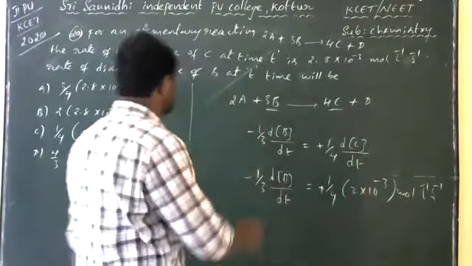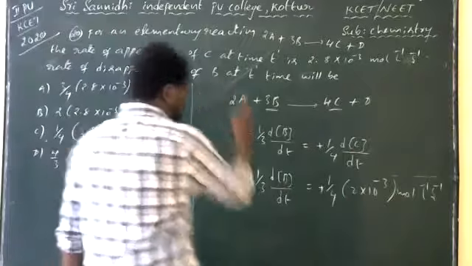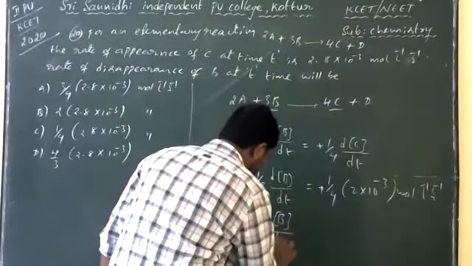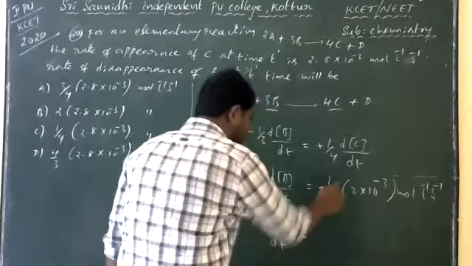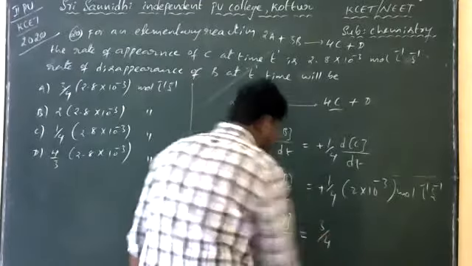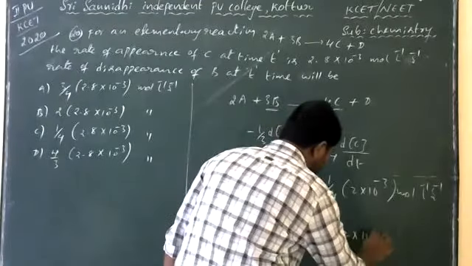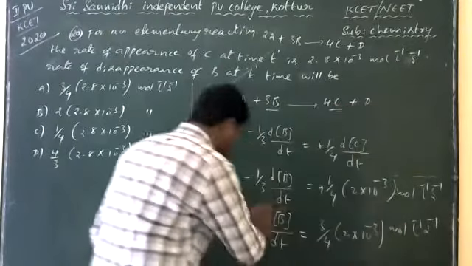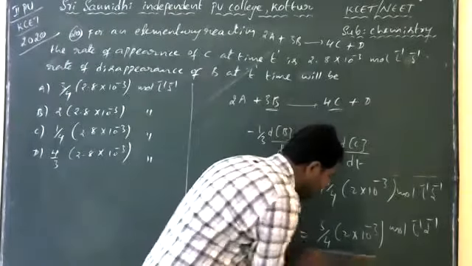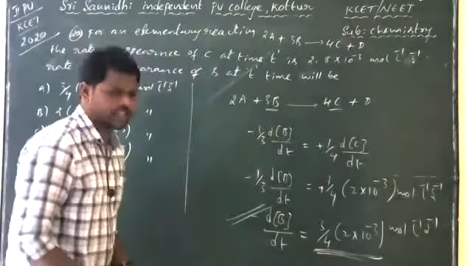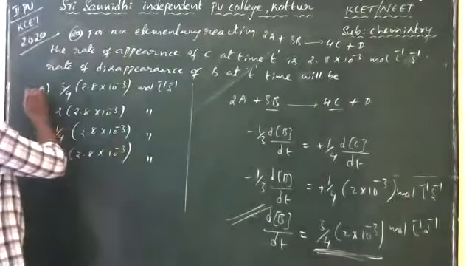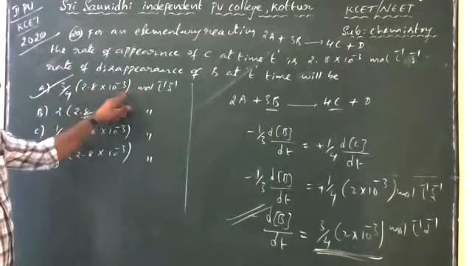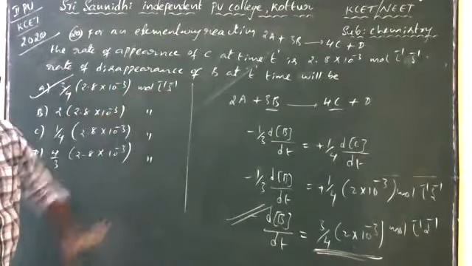And what he asked, the rate of disappearance of B, minus d concentration of B divided by dt, is 3 by 4 into 2 into 10 power minus 3 mole per liter per second. This is the answer: 3 by 4 into 10 power minus 3. The first option, 3 by 4 into 2.8 into 10 power minus 3 mole per liter per second, is the answer, right?